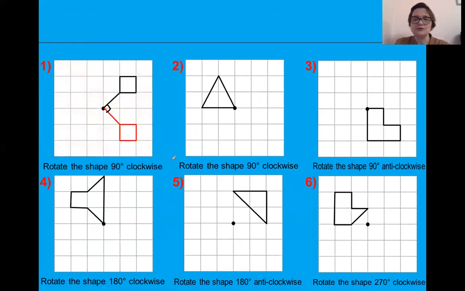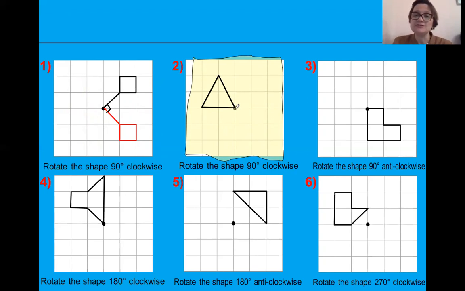Same thing for shape number 2. It says 90 degrees clockwise. For this one, the center of rotation is not away from the shape, it's one of the vertices of the shape. But that is absolutely fine.